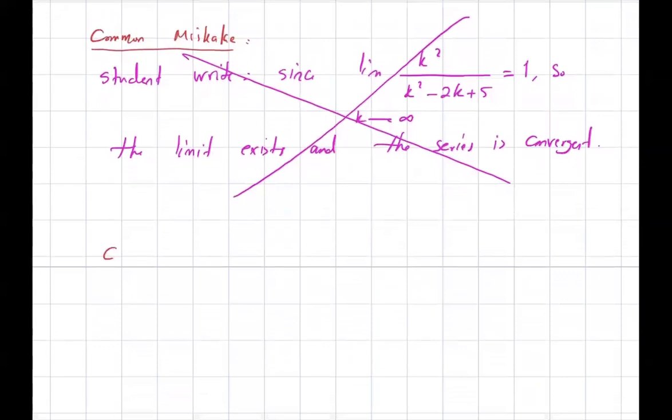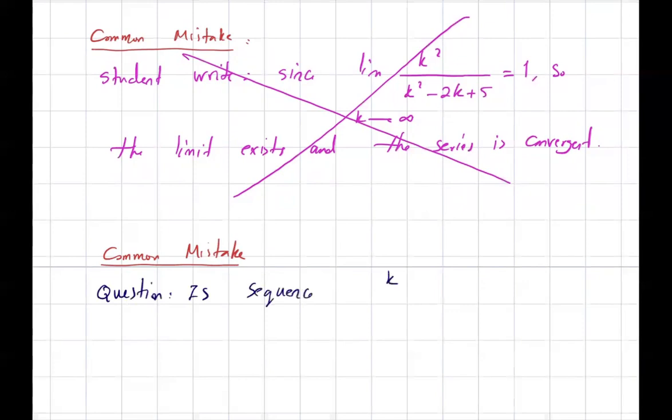Another common mistake on the exam is that they answer a wrong question. The question says, is the sequence k squared divided by k squared minus 2k plus 5 convergent?